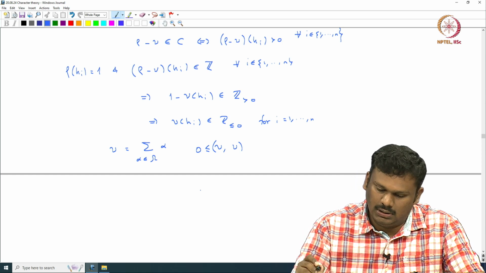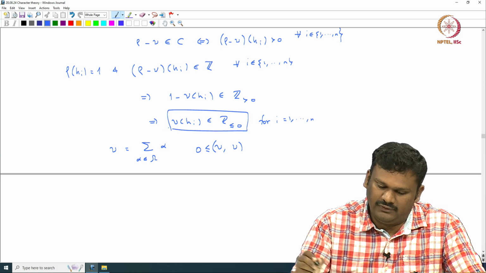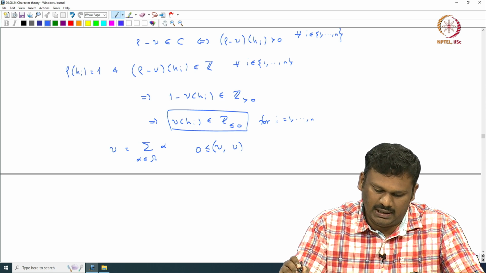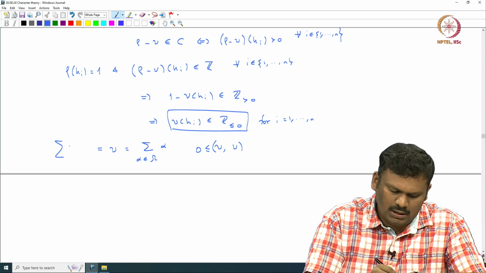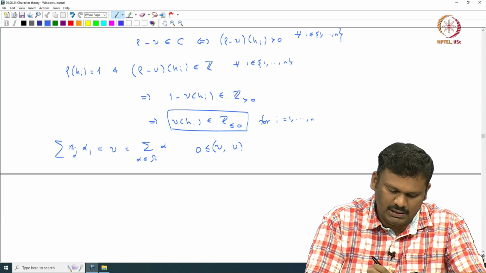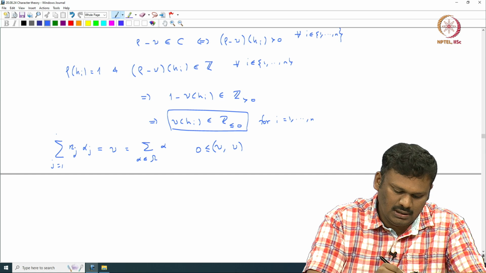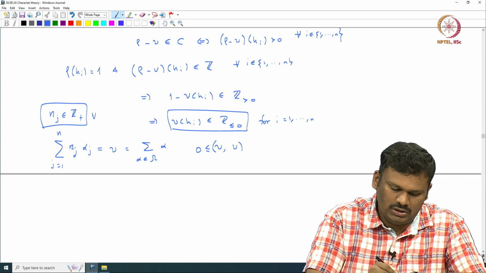Now, using that V of Hi is a non-positive integer, by rewriting V in terms of the simple roots, this can be written as summation Nj alpha j, where Nj is a non-negative integer for all j.